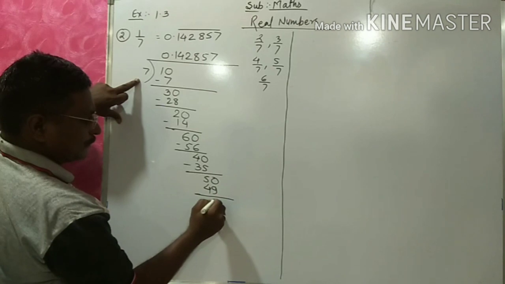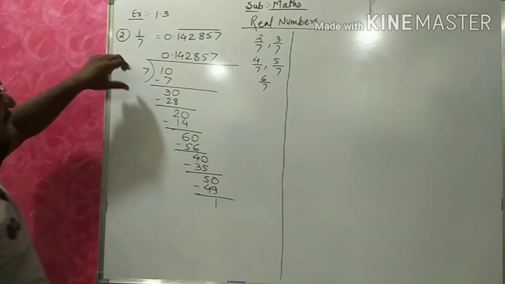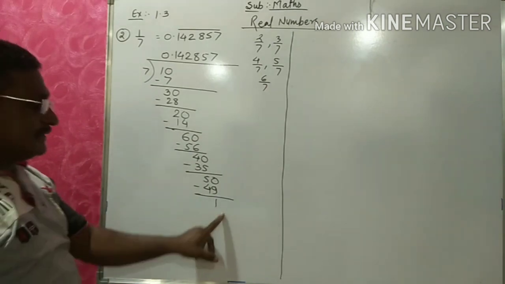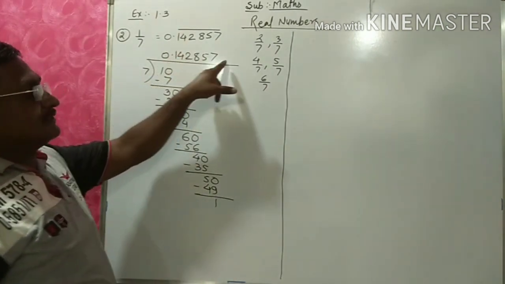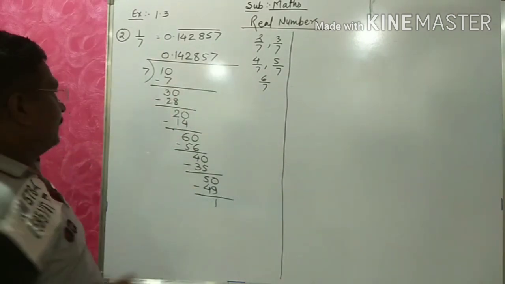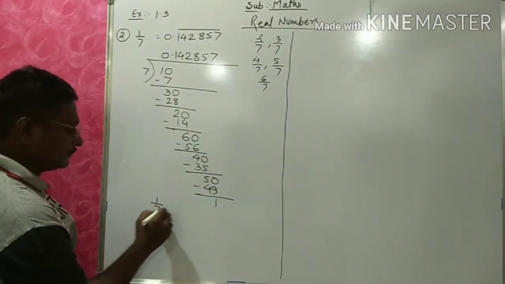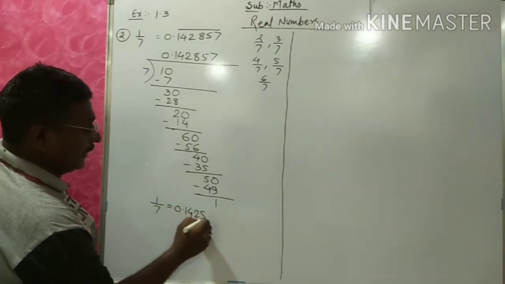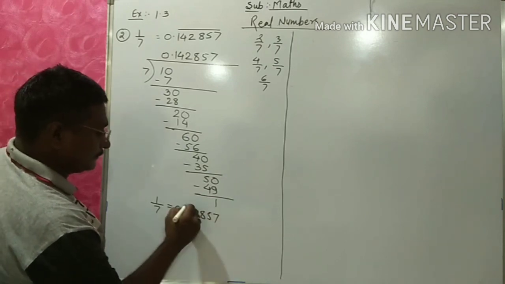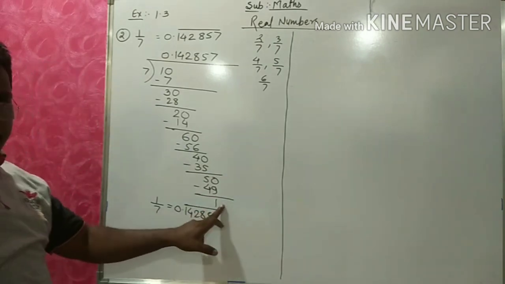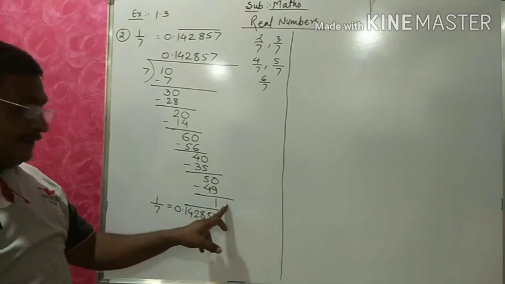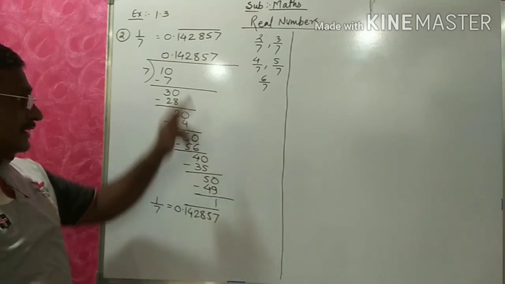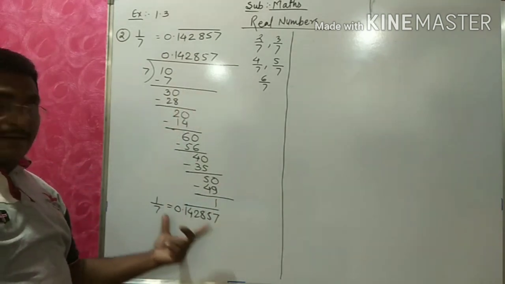Now see, students, here the remainder 1 was there. Again here 1 came. It means from this point the numbers start repeating. So 1 by 7 equals 0.142857 bar. Non-terminating, because the remainder is not 0, and the digits are repeating, so it is recurring.